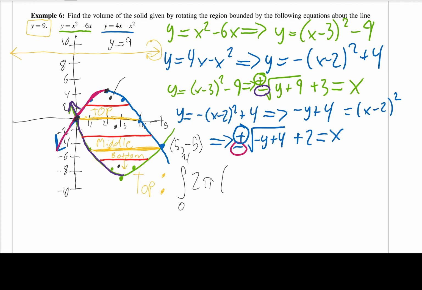Because something like this, maybe it has a y value of 3. If I want to get the distance from this point to the orange line up here, right, if I want to get this distance, this is going to be 6, and we get that by 9 minus 3. So it's going to be 9 minus our y value.